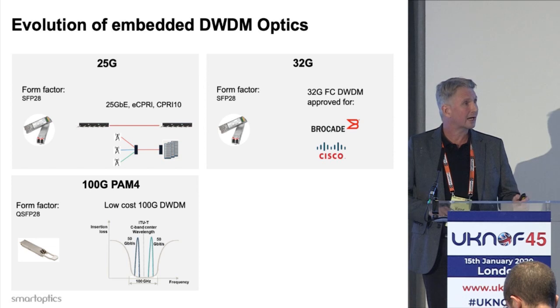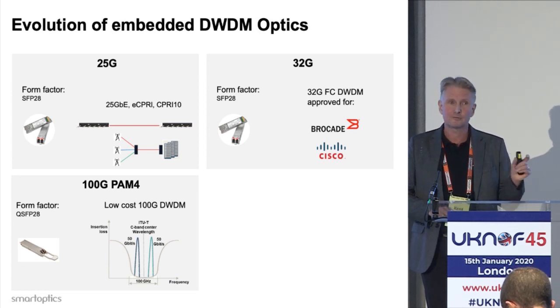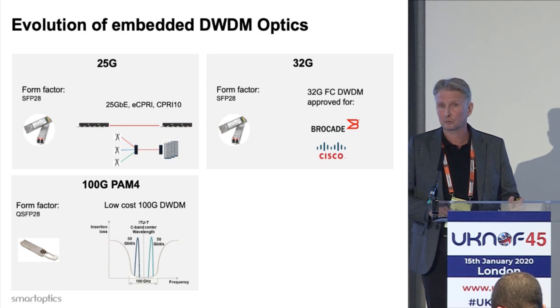It's a little bit of an awkward beast, those 100 gig PAM4, consisting of two peaks with 25 gig each, PAM4 modulated, so it's 25 gigabaud and 50 gigabit per peak that you can fit into a 100 gigahertz spaced window in your line system.